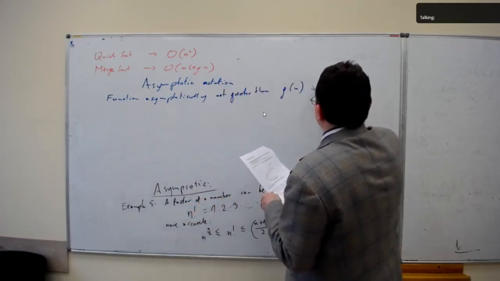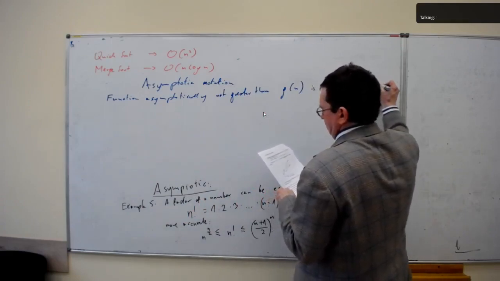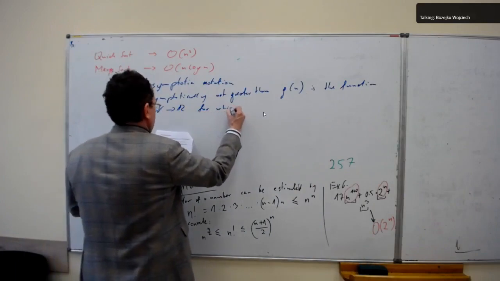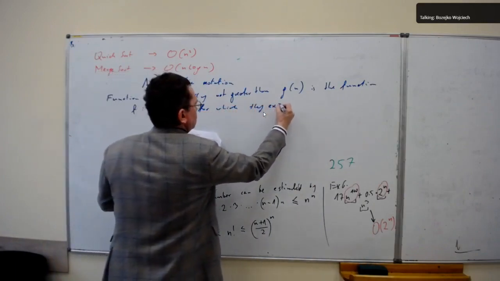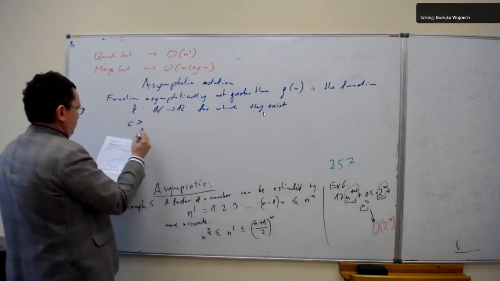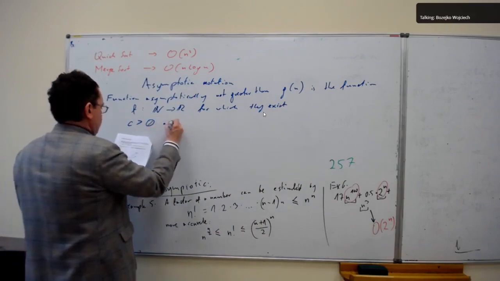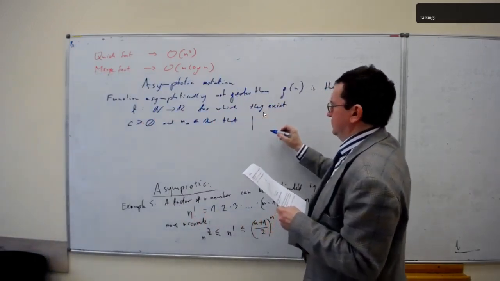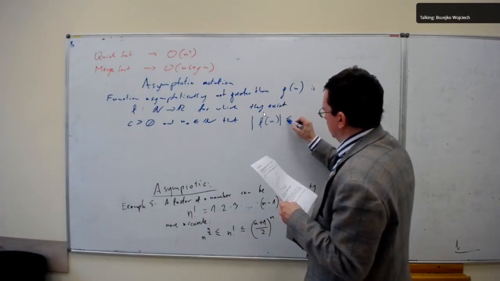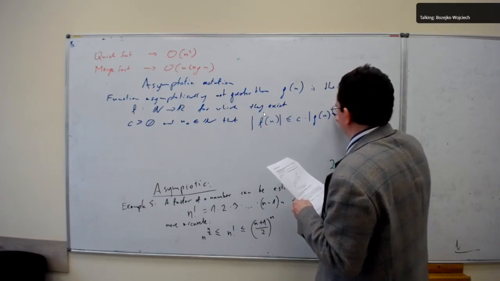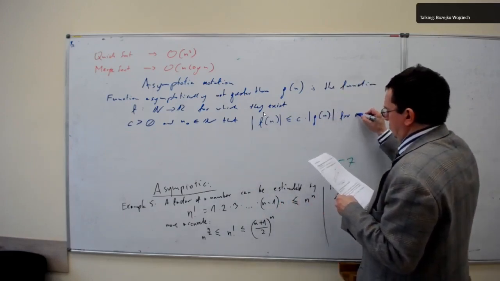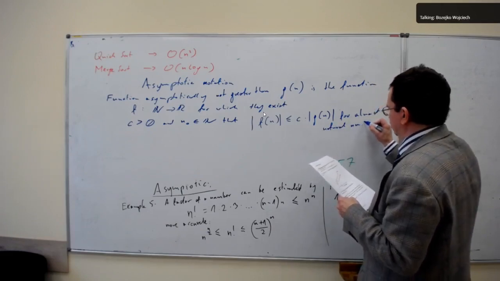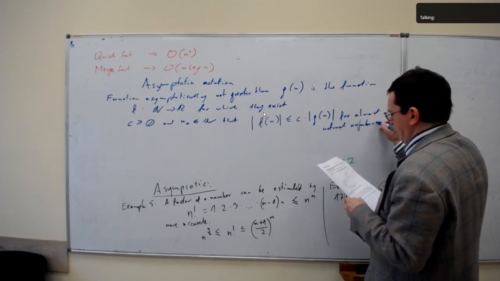O of g(n) is the set of functions f from natural to real numbers for which there exist c, a real number greater than 0, and n0, a natural number, such that the absolute value of f(n) is smaller than c times the absolute value of g(n), and it holds for almost all natural numbers n.